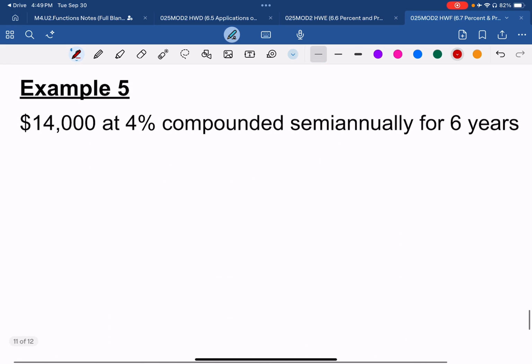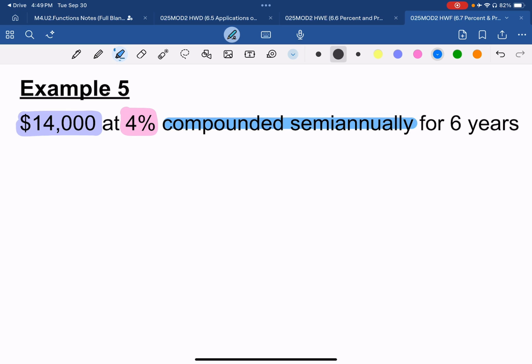Example 5. Again, we've got $14,000 at 4% compounded semi-annually for 6 years. So $14,000 is my p-value.